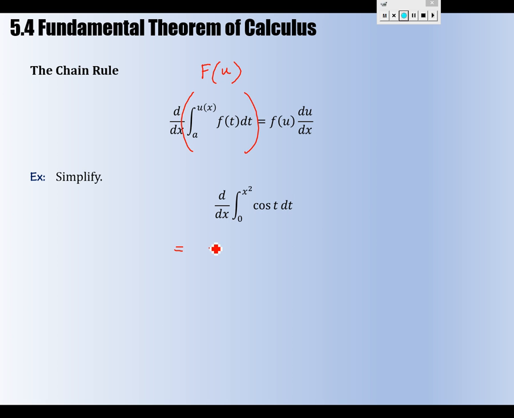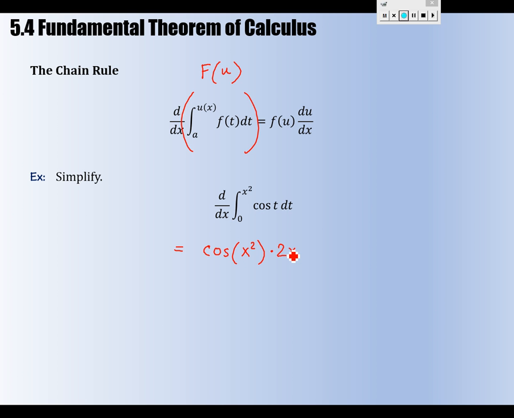These limits are not quite matching, but our first guess might be cosine of x squared. And that's not bad, except the extra piece we're emphasizing now is that you also need to apply the chain rule and multiply by 2x, the derivative of the u.